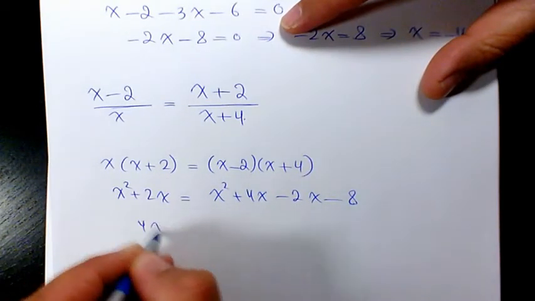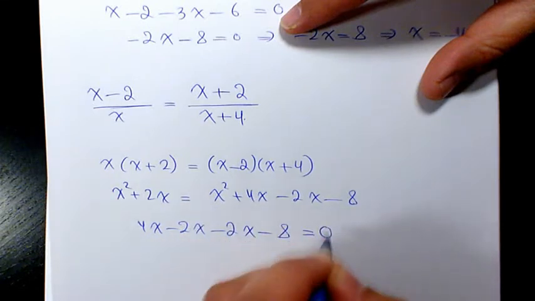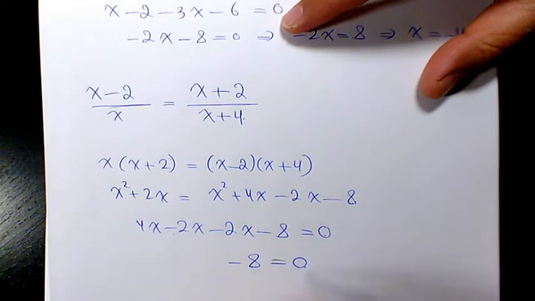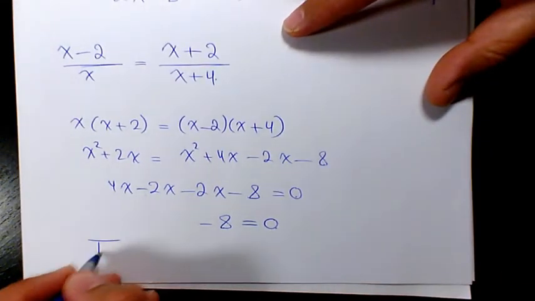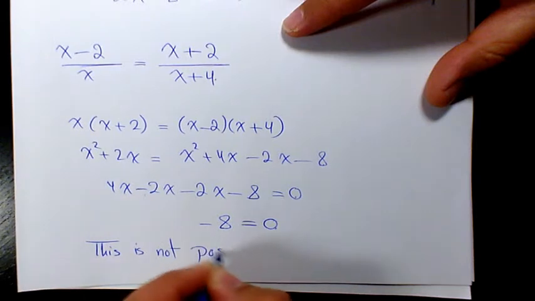It's going to be 4x minus 2x minus 2x minus 8 equals 0. 4x minus 2x minus 2x is going to be 0. Negative 8 equals 0. This is not possible.